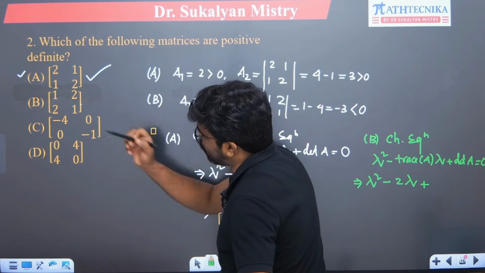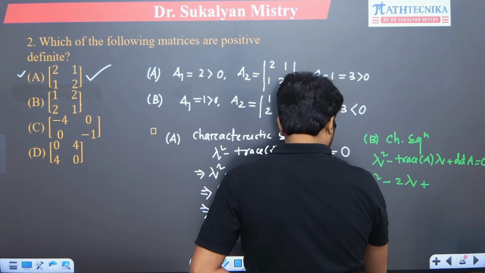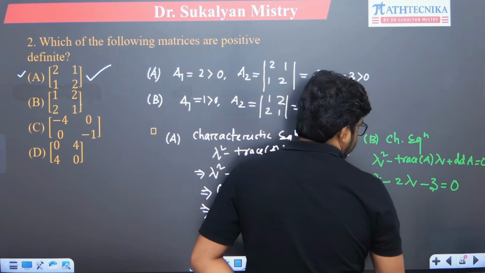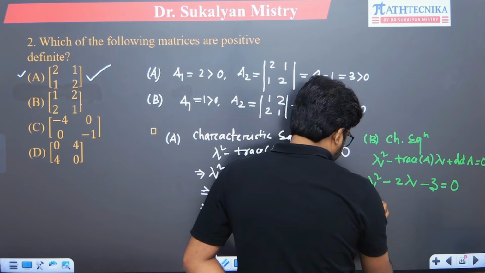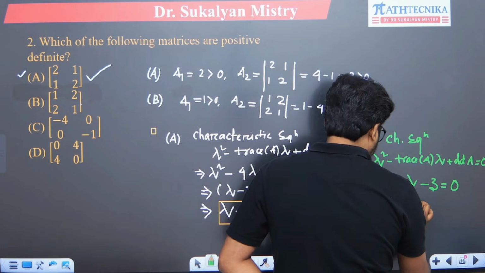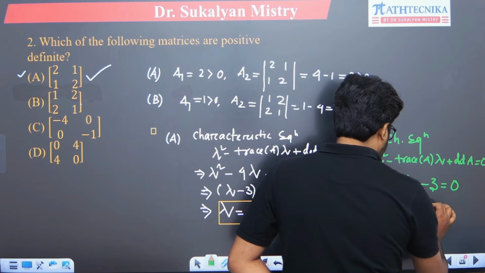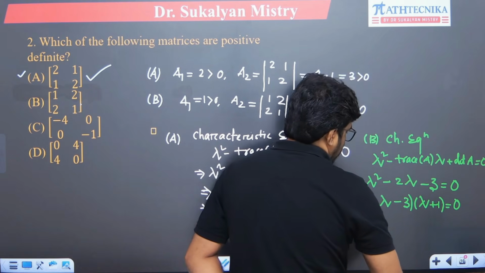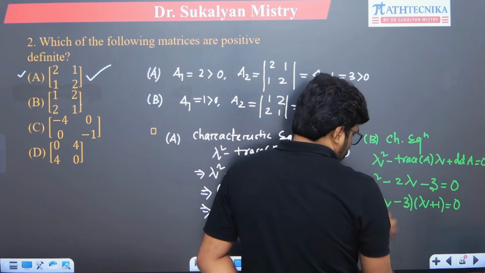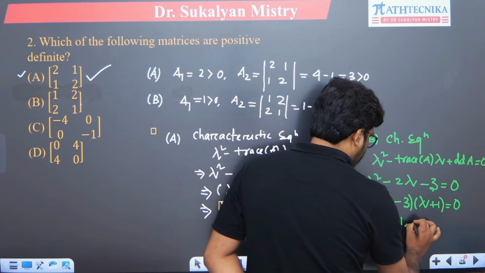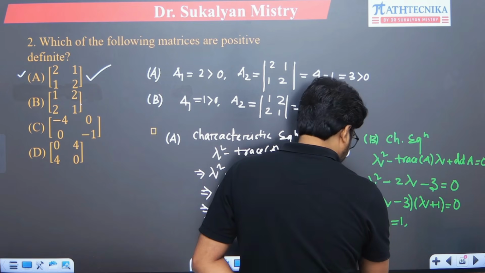What is the determinant value? 1 minus 4, that is minus 3. Minus 3 is equal to 0. So if we simplify this, lambda minus 3 into lambda plus 1 is equal to 0, right? So lambda is -1 and 3.